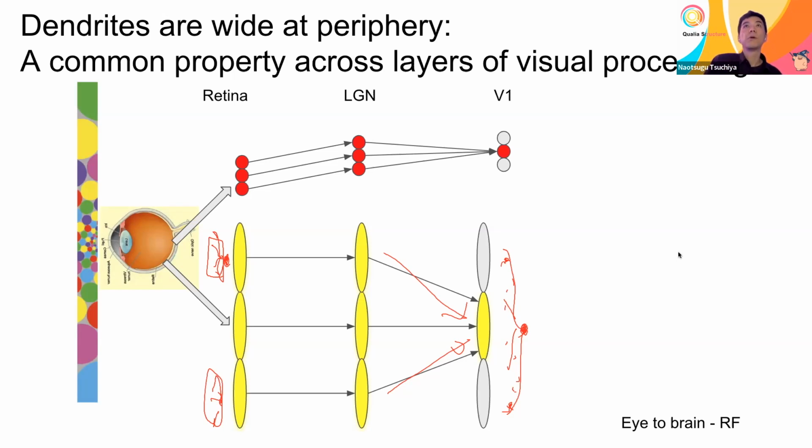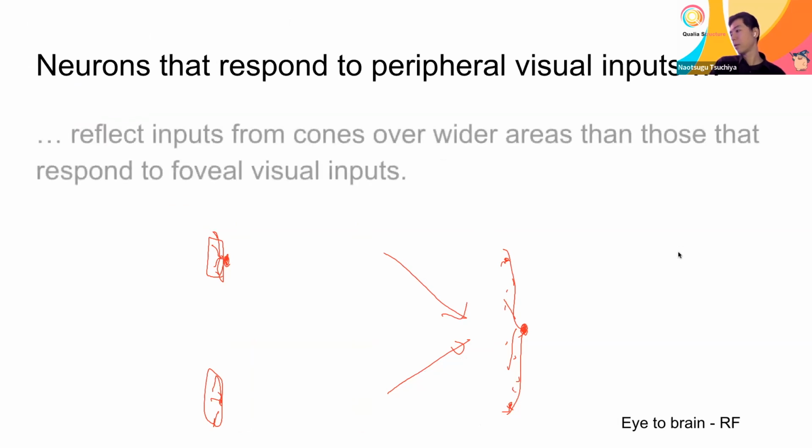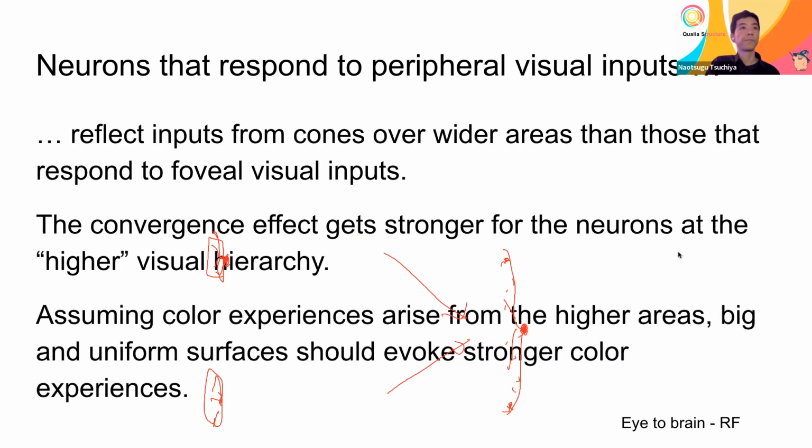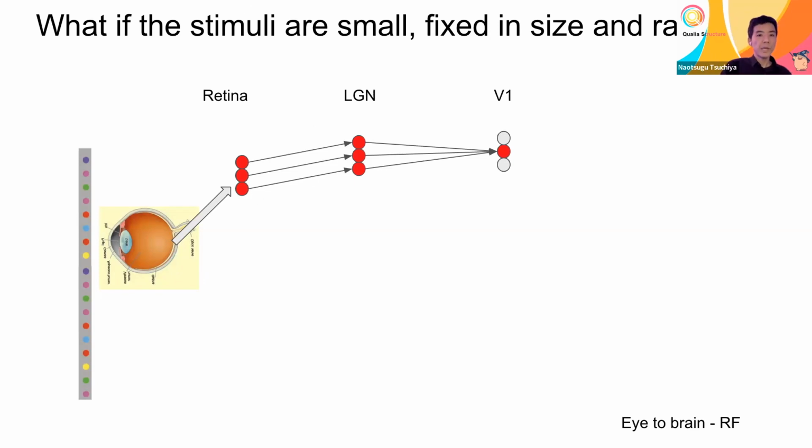So let's move on. If there are any further questions, if not, I'll move on. On the other hand, now it probably is much clearer for you what happens if the stimuli are not scaled towards the periphery. See here on the left side, the input is now uniformly sized.